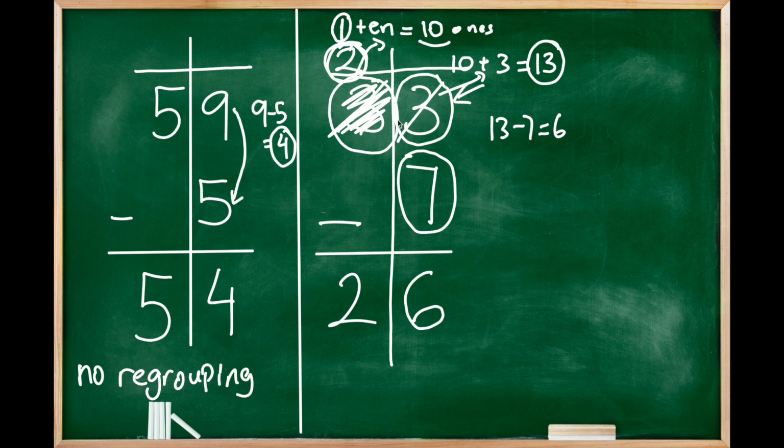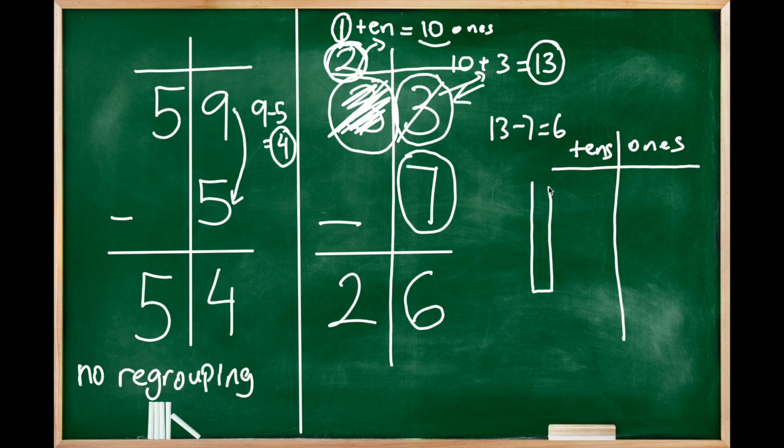Now let's explain this with base 10 blocks, so let's draw our base 10 block table. This represents the ones place, this represents the tens place. In the tens place, how many tens did I have in the beginning? 3 tens. So I will draw 3 ten rods. Each represents a combination of 10 ones blocks.